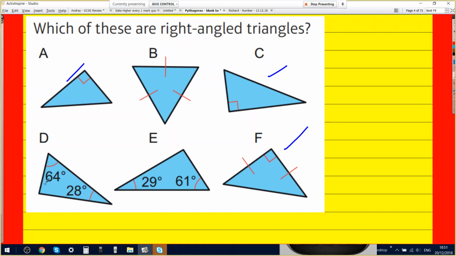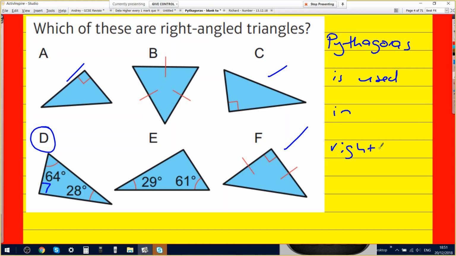I think it's exactly 90. And so D must also be right angle. Yeah. Basically, Pythagoras is used for right angle triangles. Okay. In right angle triangles.